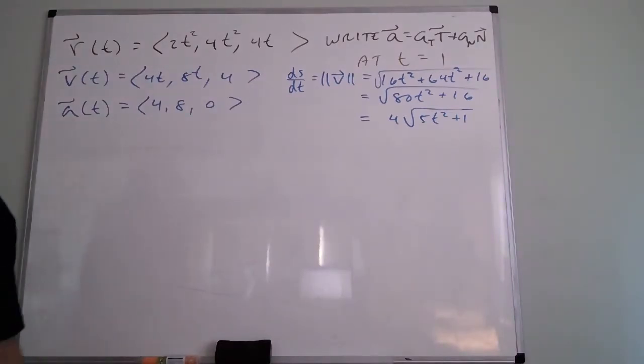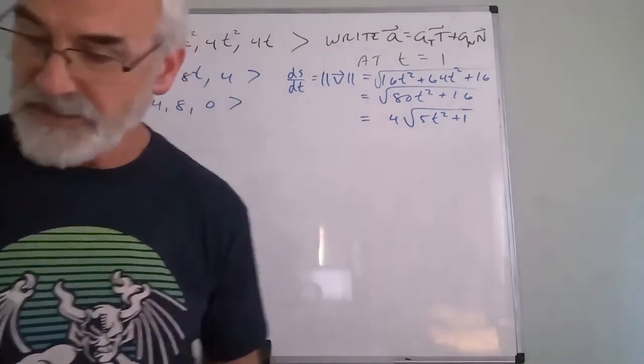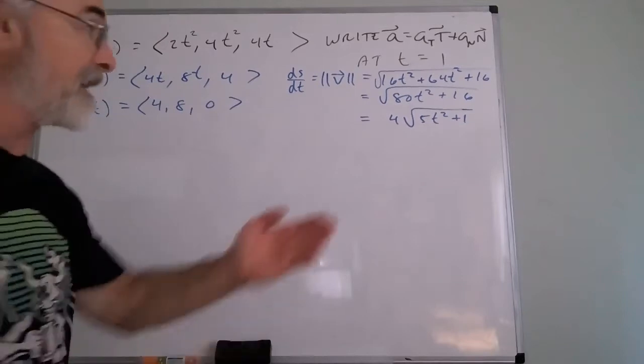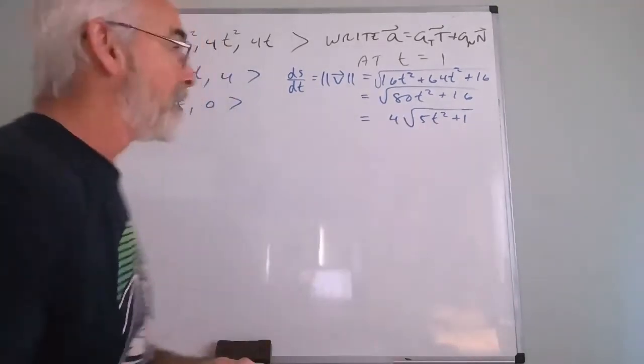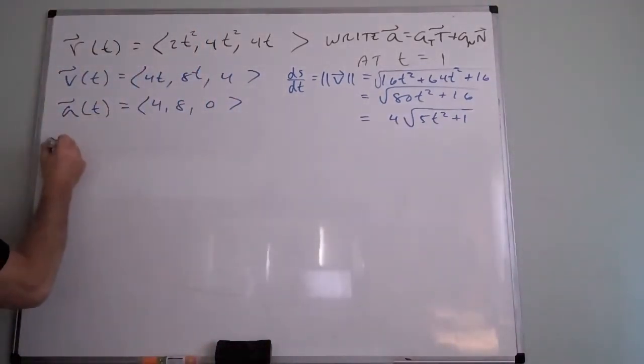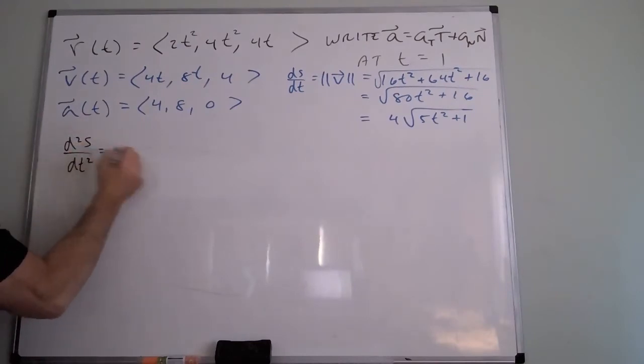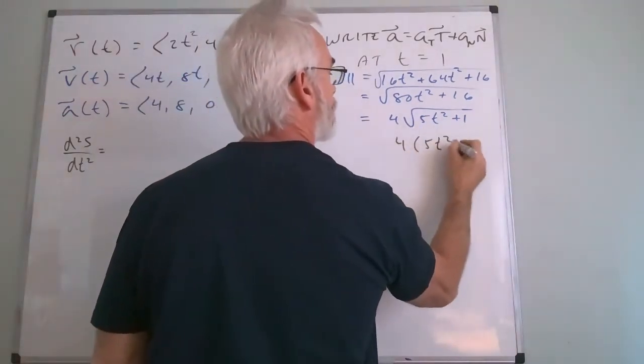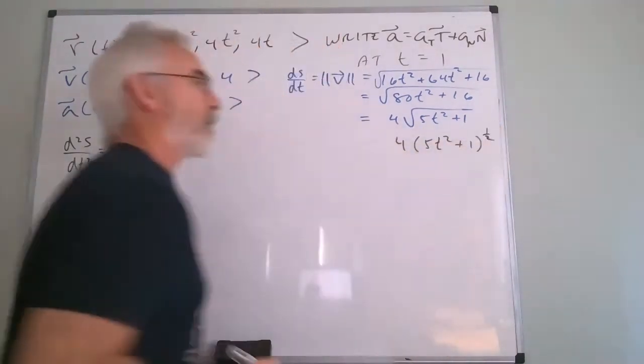Now, do I need to do any more derivatives? Yes, because the first thing I want to do is d squared s/dt squared, and that's not a hard derivative to take. So d squared s/dt squared is the derivative of this. If it helps, rewrite it in that form.